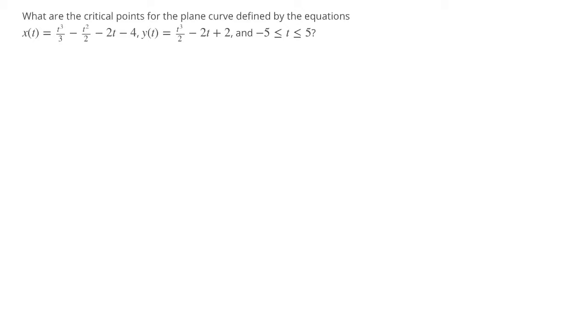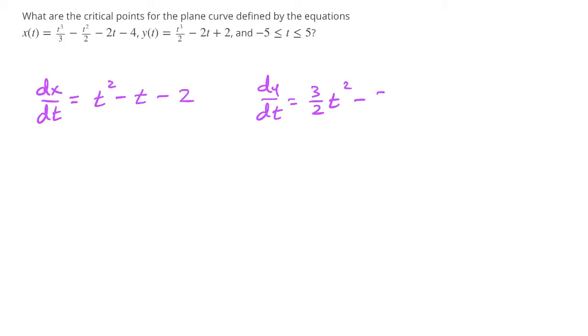So when we're given our function x of t, it's pretty straightforward for us to compute dx dt, being t squared minus t minus 2. And likewise for our dy dt, that's just going to be given by 3/2 t squared minus 2. If we're looking for values where our dx dt is 0, we have t squared minus t minus 2 is equal to 0.